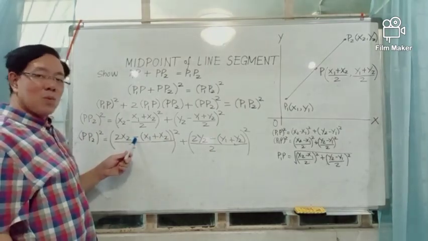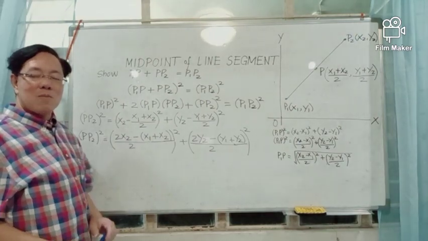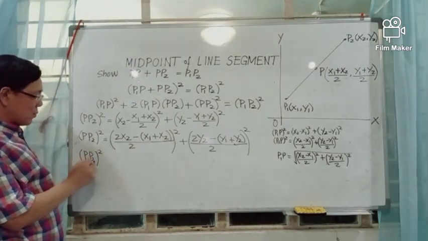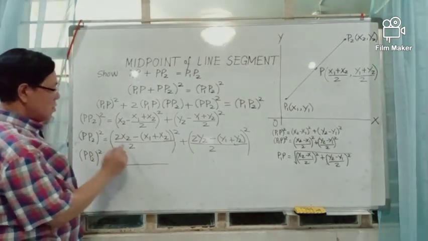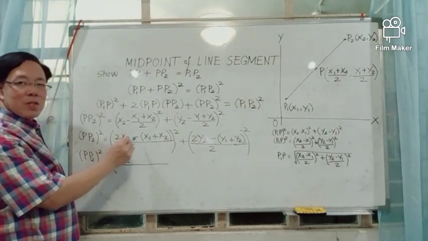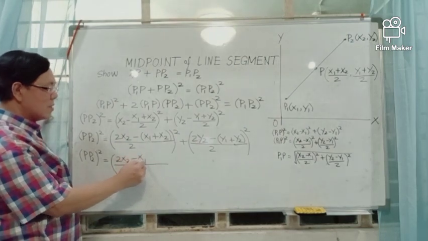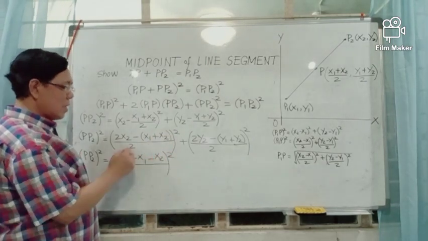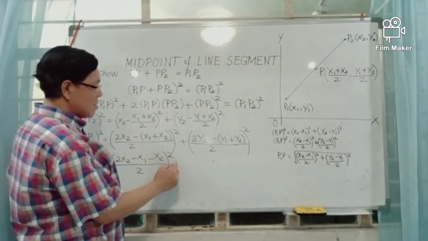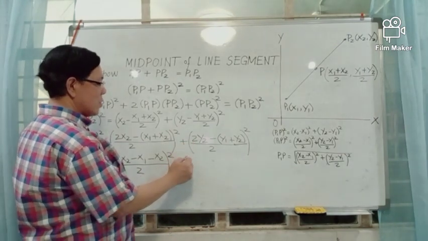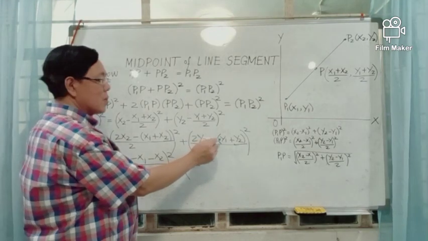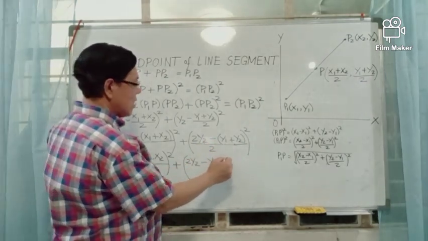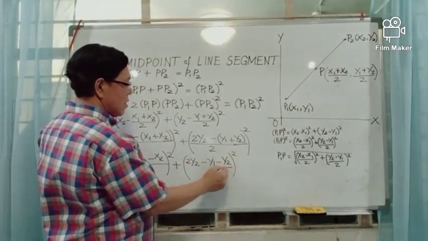By distributing -1 from outside and then combining like terms in the numerator, we have the square of the distance between P and P2 equals numerator 2x2, distribute -1 multiplied by x1, negative x1, negative multiplied by positive x2, negative x2, to the power 2, denominator is 2, plus 2y2, distribute negative to the sum, negative times positive y1 is negative y1, negative times positive y2 is negative y2, squared, and all over 2.